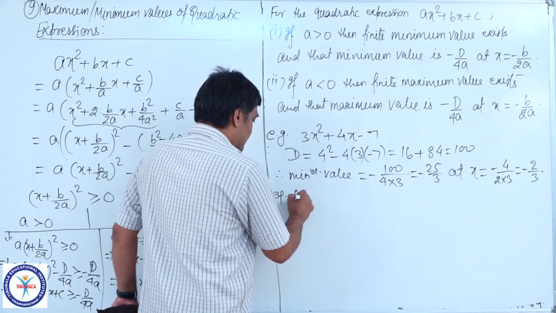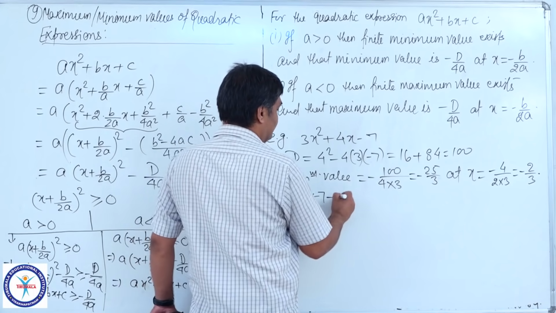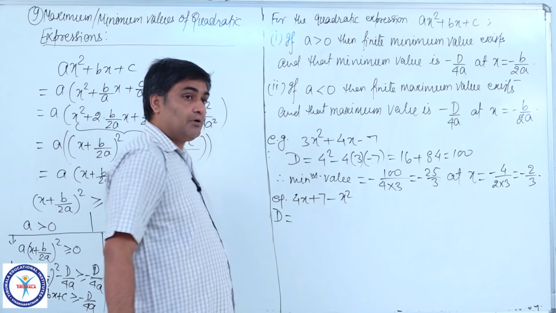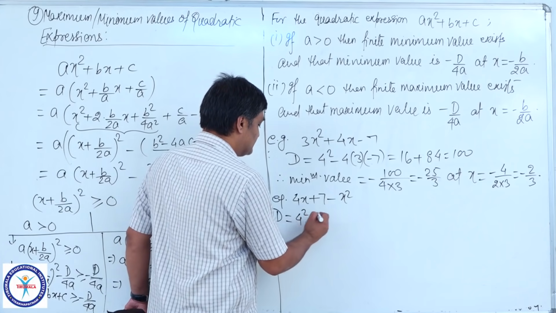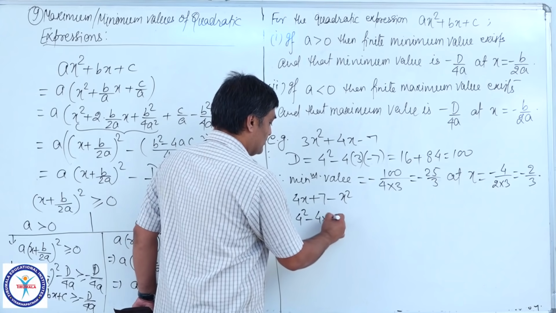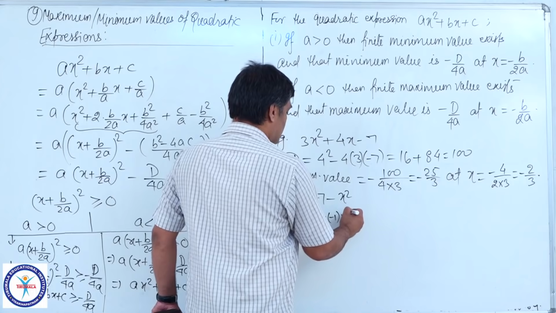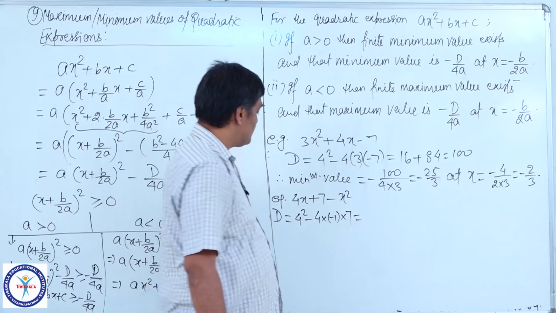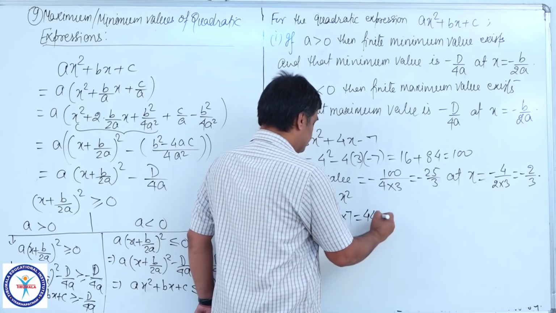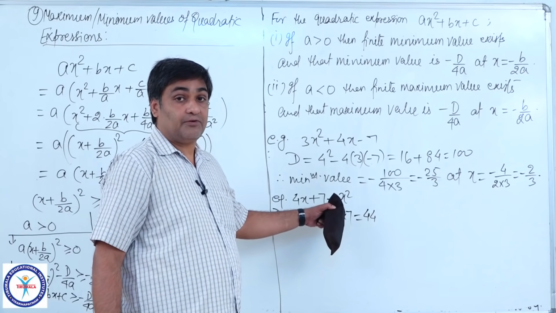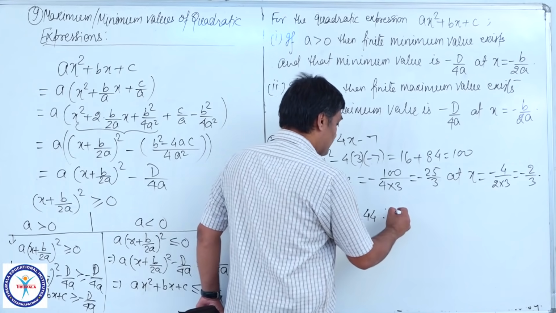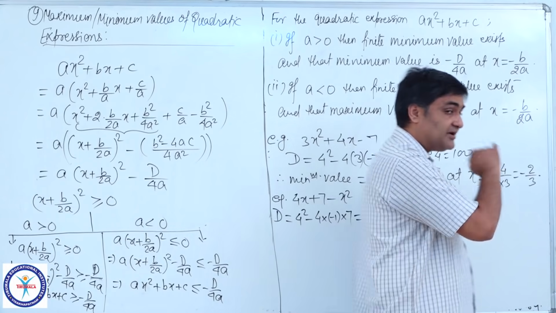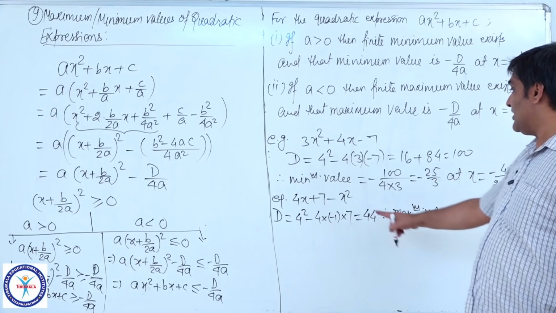Let us take another example, 4x plus 7 minus x square. What is D? b square minus 4 into a into c, that is 44. And since the coefficient of x square is negative, therefore there is a maximum value. Minus D by 4a means minus 44.